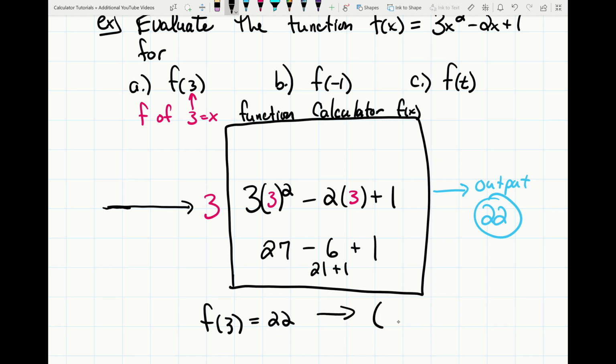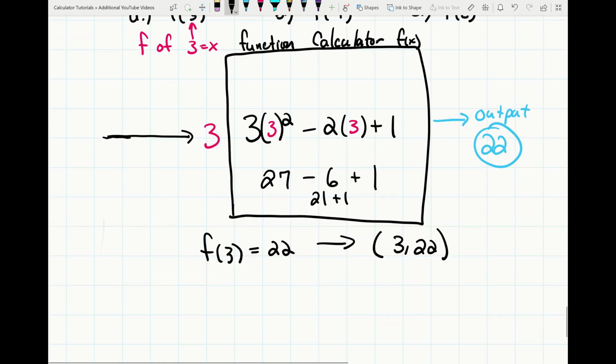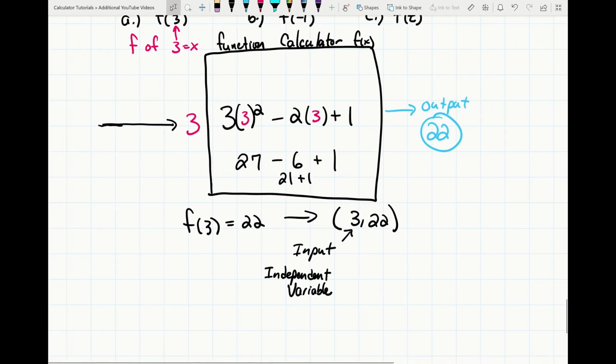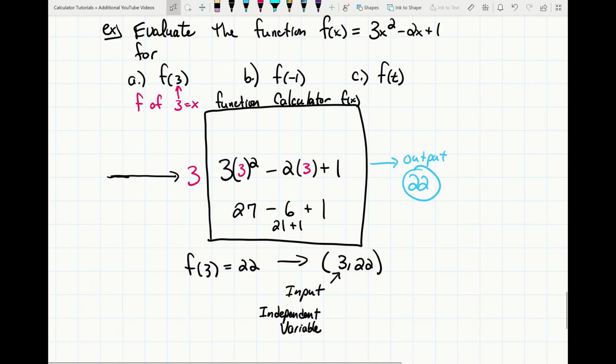We've just calculated our very first ordered pair, because the input value is 3, which is our independent variable. And then it maps to the output value, or the dependent variable. So let me write that out here. So this is our input, or what we like to call the independent variable. Let me zoom out here just a little bit.